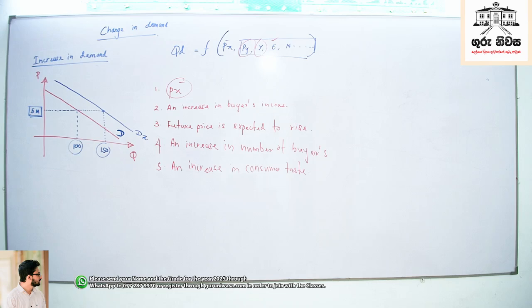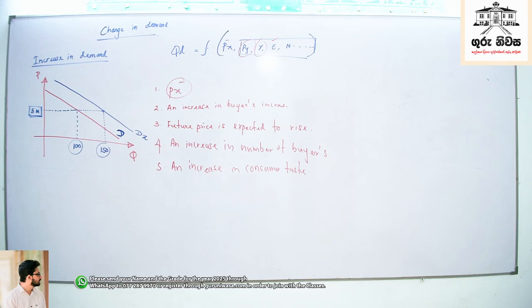Your question is not clear for me. I'm asking about PY. Substitute product price, and what is the other one? Complementary product. Yes. It means PY mainly contains two prices: complementary good prices and prices of substitute goods.